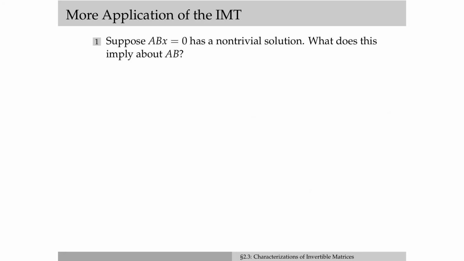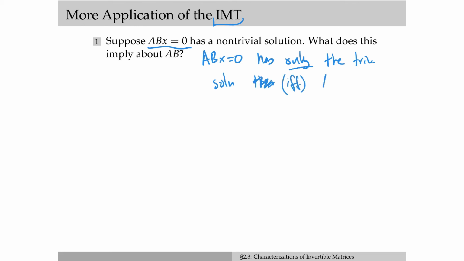All right, let's do a couple more applications. Here's one. So suppose we have ABX equals 0 has a non-trivial solution. What does this imply about AB? This turns out to be fairly straightforward. So we know by the inverse matrix theorem that if ABX equals 0 has only the trivial solution, then, well, it's an if and only if, AB is invertible.